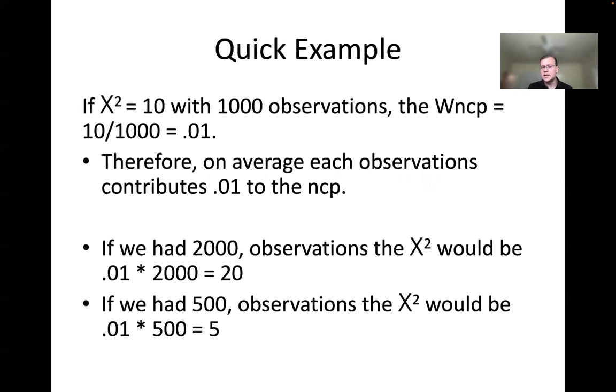Because the NCP scales linearly with sample size, if we had 2,000 observations, we would simply multiply this weighted non-centrality parameter, 0.01, by 2,000, and we would get a chi-square value of 20. If we had 500 observations, we would multiply 0.01 by 500, and we get a chi-square value of 5. And it's really that easy.